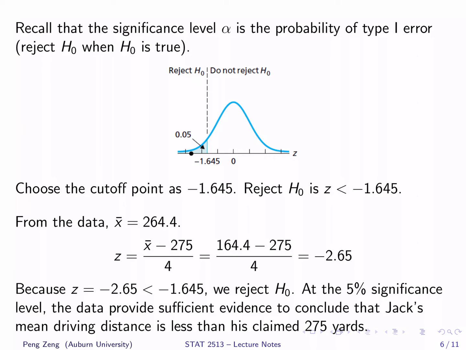It is negative 2.65. This z-score falls on the left of the cutoff point, negative 1.645. Therefore, we reject H0 and claim that at 5% significance level, the data provide sufficient evidence to conclude that Jack's mean driving distance is less than his claimed 275 yards.